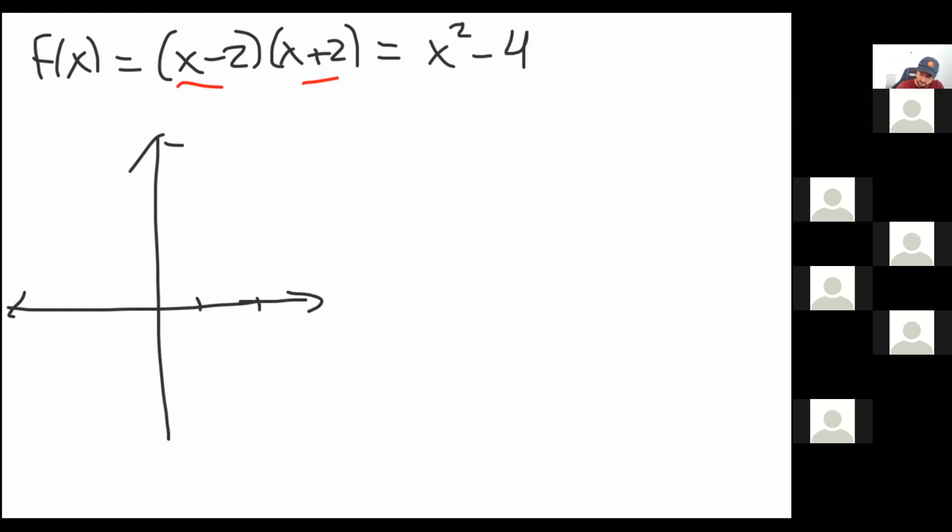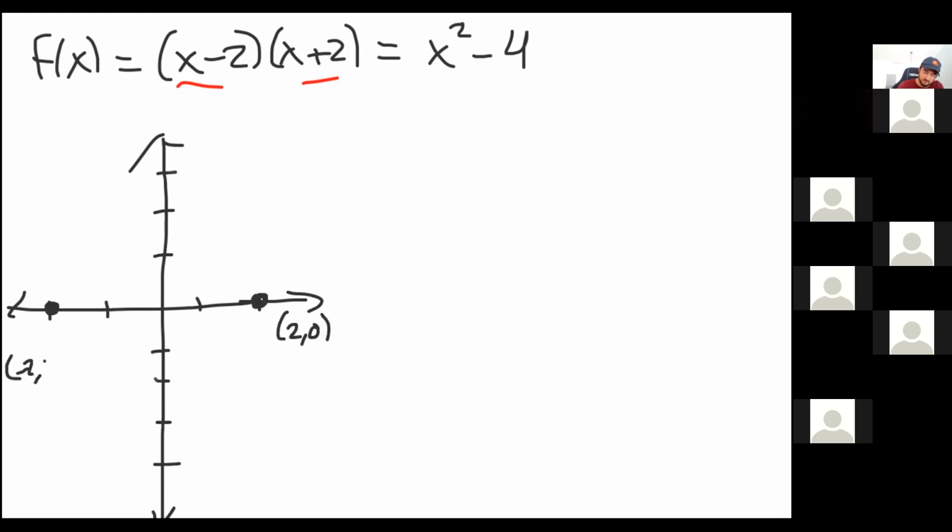So if I quickly just sketch the graph from that, I'm going to need more. Let's go farther down. Just a quick sketch. I know I have roots at -2 and 2. My vertex is at 0, -4.